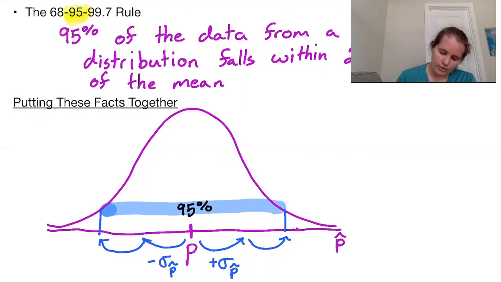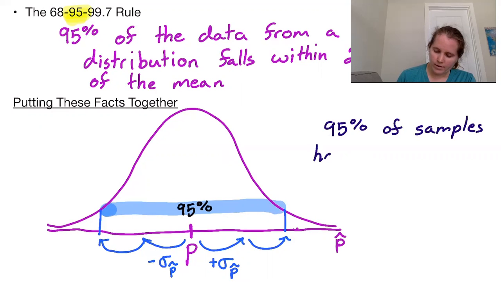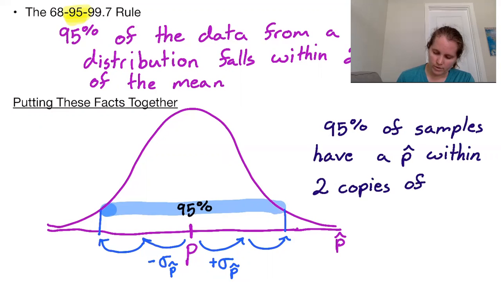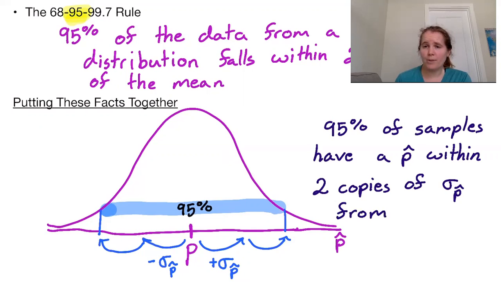So 95% of samples have a p-hat within 2 copies of sigma sub p-hat from the mean, from the true population proportion.